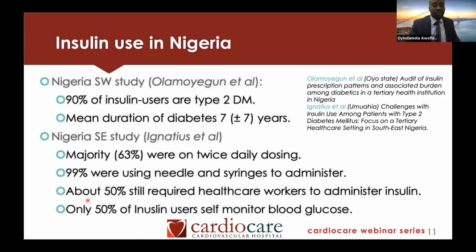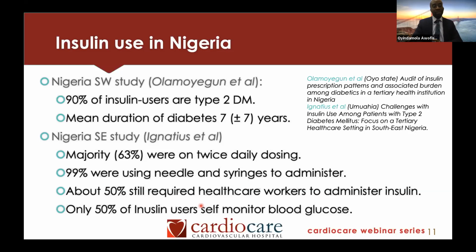Again, about 50% of patients still required healthcare workers to administer insulin, which is not good at all, because we usually like patients that are on insulin to be self-dependent and able to self-administer the insulin. If they require healthcare workers to administer the insulin, it will mean that at the time when the healthcare worker is not available or they're not able to pay that healthcare worker, they will not use their insulin and they will leave their glucose poorly controlled.